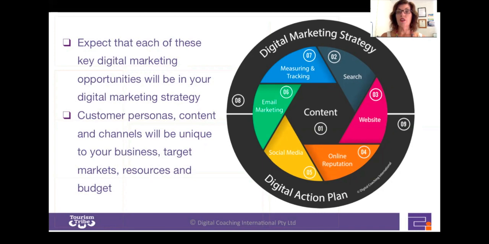So you've got the list of actions, the things to track that then allow you to implement this. So I'm going to be introducing you today to the concept of customer personas, which is part of really understanding what channels and what type of content that your business needs to be focusing on, so that you can then really be targeted with your resources and your budget.